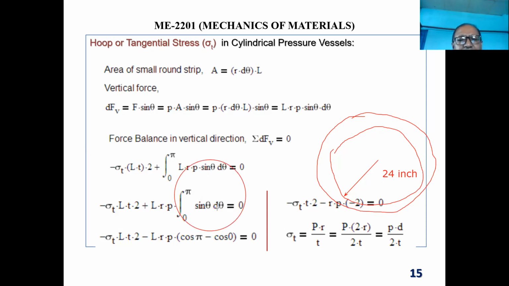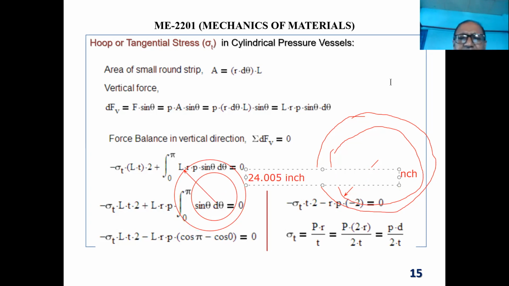Now taking the inner cylinder. Inner cylinder's outer radius, I can put it like 24.005.